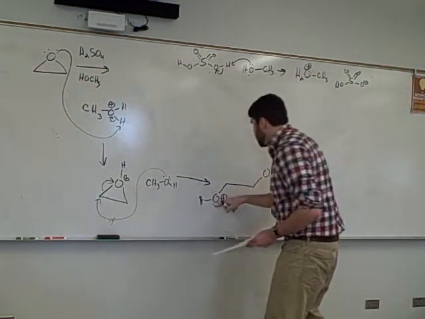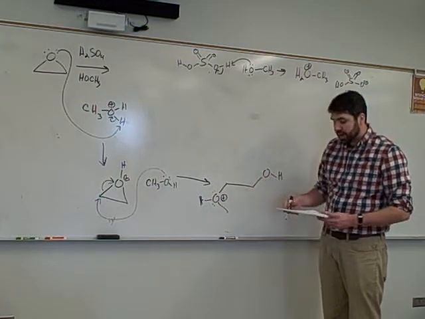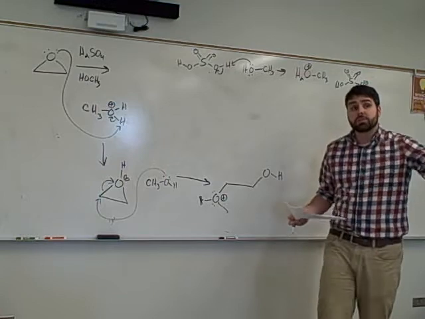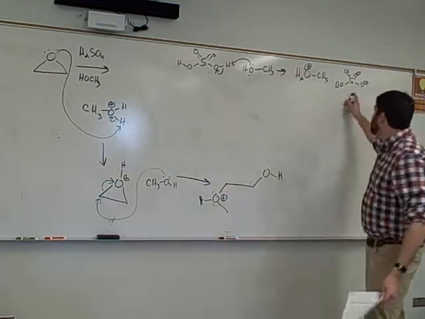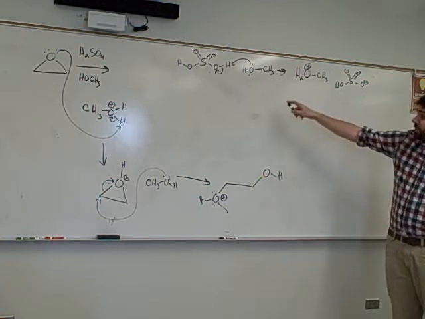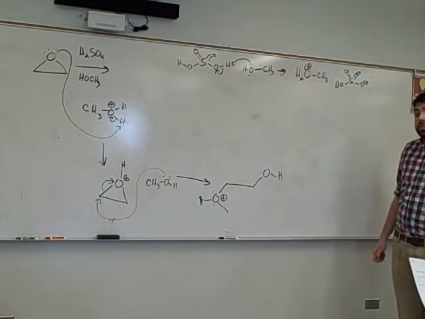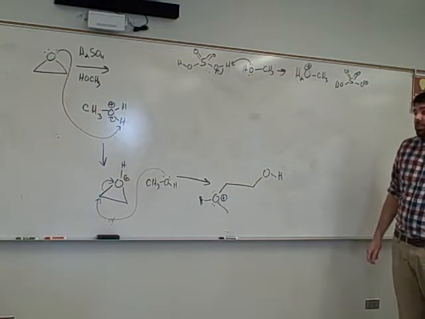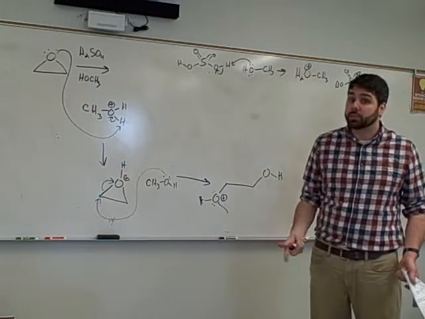So what we need to do then is go ahead and remove that proton so that we have our neutral product. Generally speaking, again, we want to look for the most basic species in solution. You have the option of bisulfate, you have the option of methanol. Generally speaking, your solvent is going to be more basic than the conjugate base of a strong acid, because remember, conjugate bases of a strong acid by definition are pretty weak.